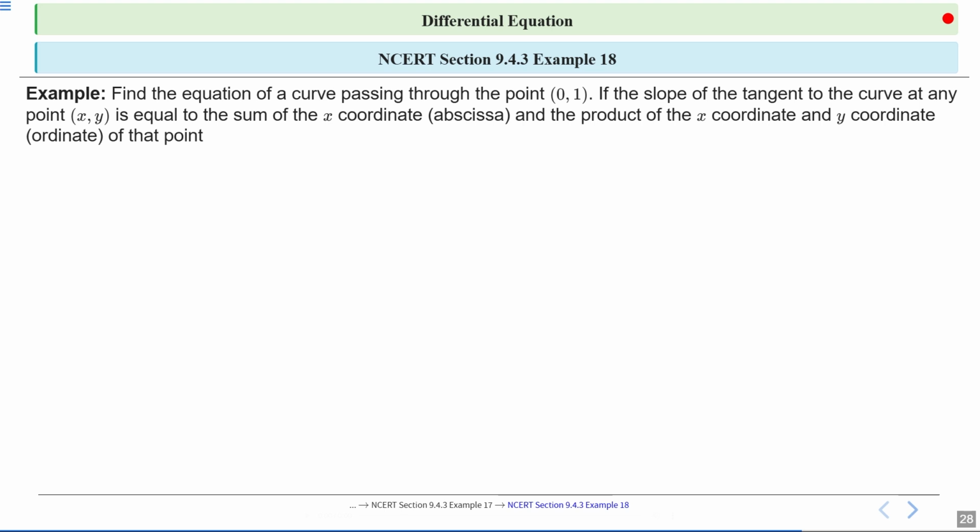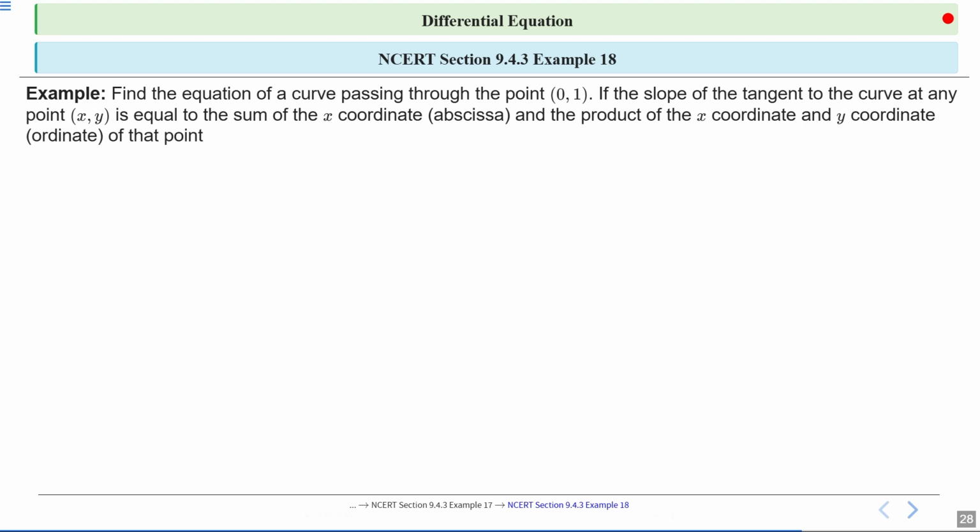Now the second line: the slope of the tangent to the curve at any point (x, y) is equal to the sum of the x coordinate and the product of the x coordinate and y coordinate. As we know, the slope of the tangent is given by dy by dx. So dy by dx is equal to x plus xy. So now you have a first order linear differential equation, dy by dx is equal to x plus xy.